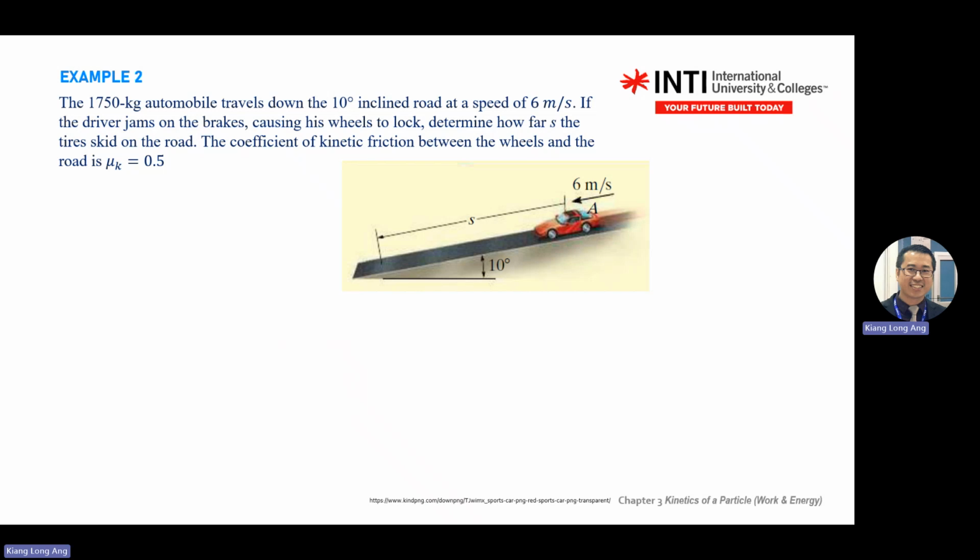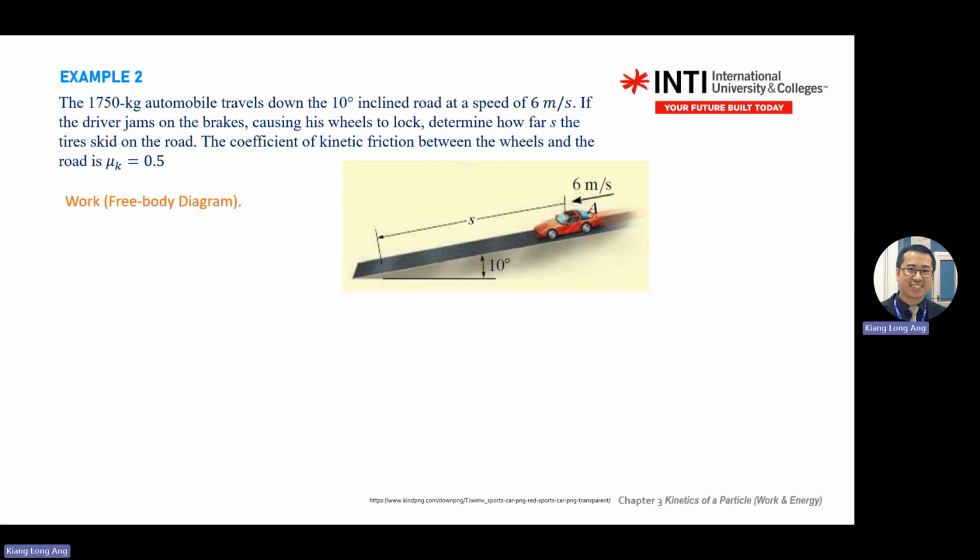Now, you can use chapter 2 to solve this problem by using the F equals ma equation. But of course, this example 2 is in chapter 3. If this kind of question comes out and forces you to use the principle of work and energy, then the question will mention it, forcing you to use the chapter 3 equation.